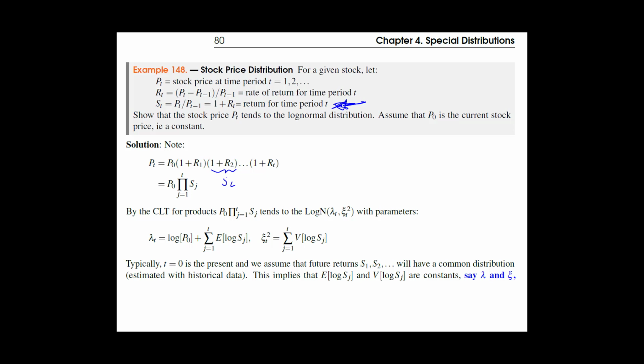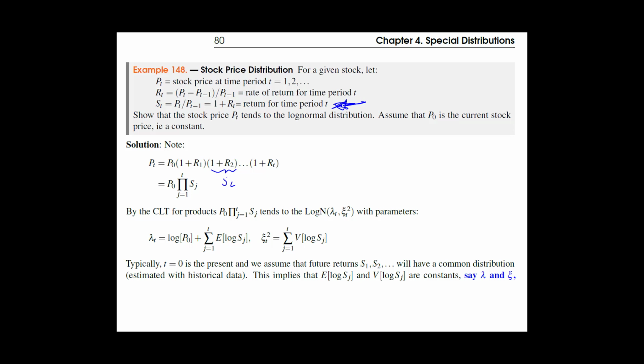Okay, so in this way you have a product, and what we think immediately is the central limit theorem for product, right? So here we apply the same formulas as before. So lambda t now, right? So lambda for the price at time t is the log of the constant plus the formula.